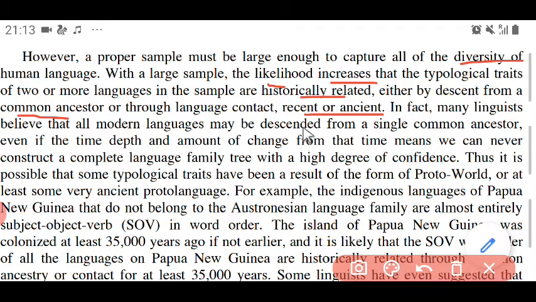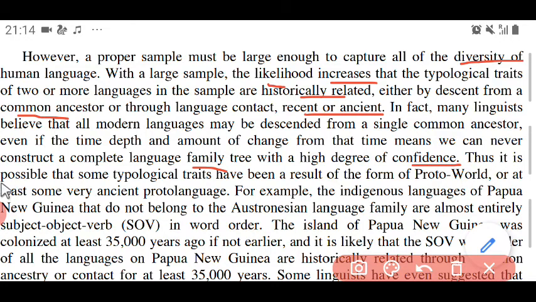In fact, many linguists believe that all modern languages may be descended from a single common ancestor, even if the time depth and amount of change from that time means we can never construct a complete language family tree with a high degree of confidence.